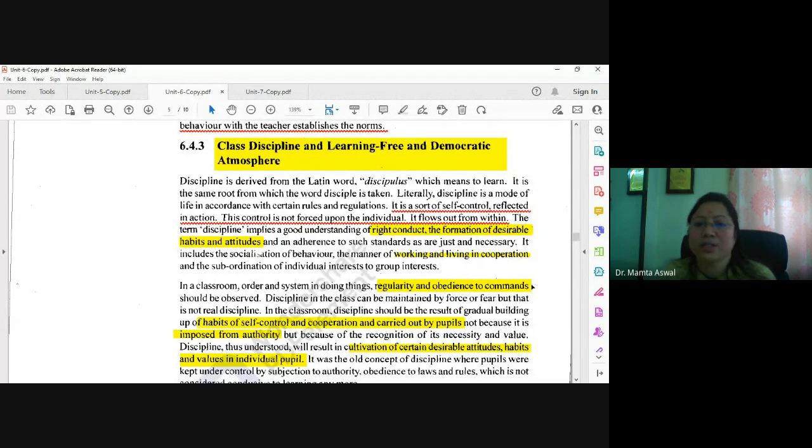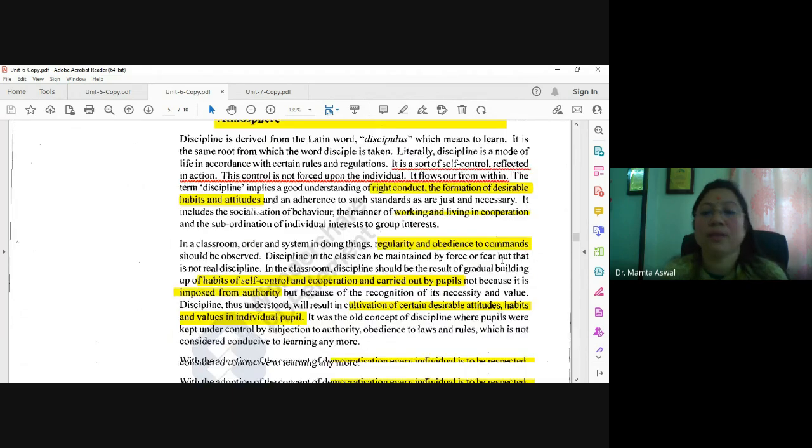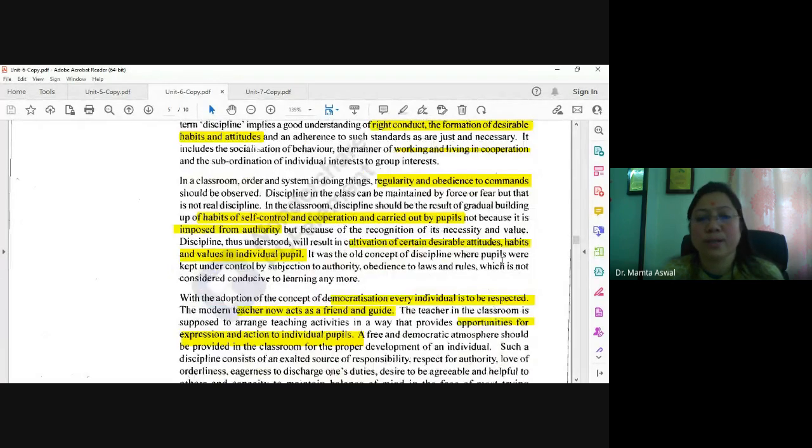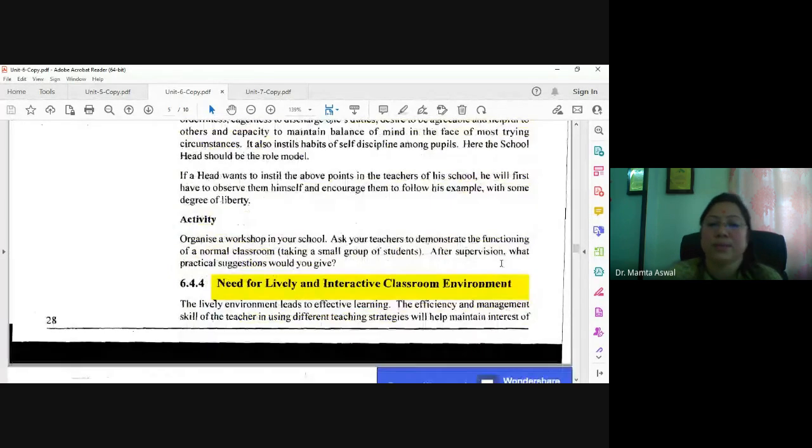As soon as the teacher moves away, he will start creating chaos inside the classroom. So a habit of self control must be developed among the students so that they can control themselves, and outside control is not required.